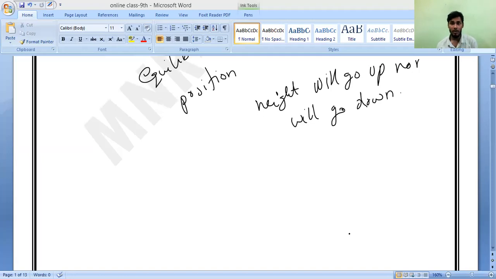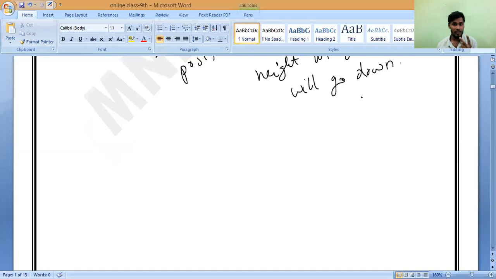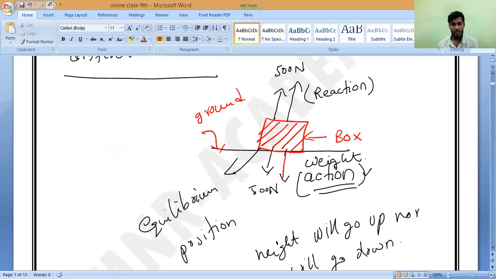Two bodies. What are the two bodies here? One is the ground, and another one is the box. That is what you should remember.